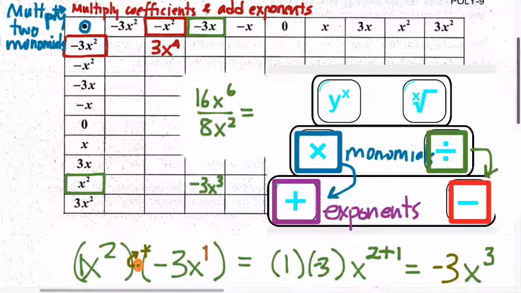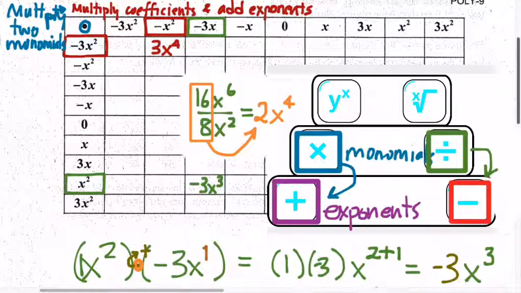Yeah, so you did two things there. You said 2 would be the new coefficient, and you also said that x to the 4th would be the appropriate power of x. So first of all, how'd you get the 2? 16 divided by 8. So you divided the coefficients. For the same reason that when you multiply two monomials, you multiply the coefficients together, right? There's no fancy arithmetic happening there.